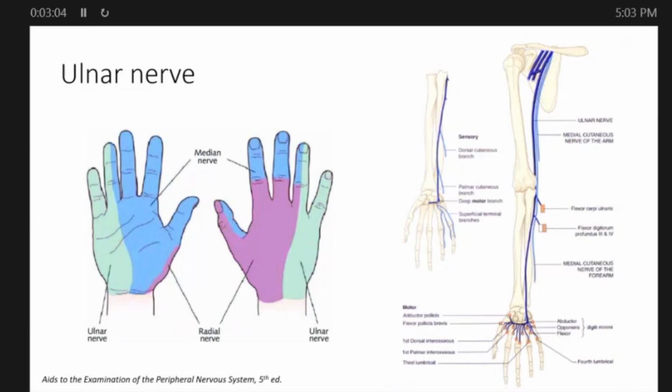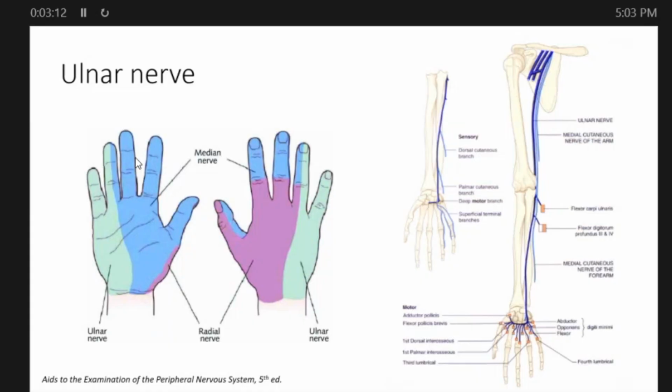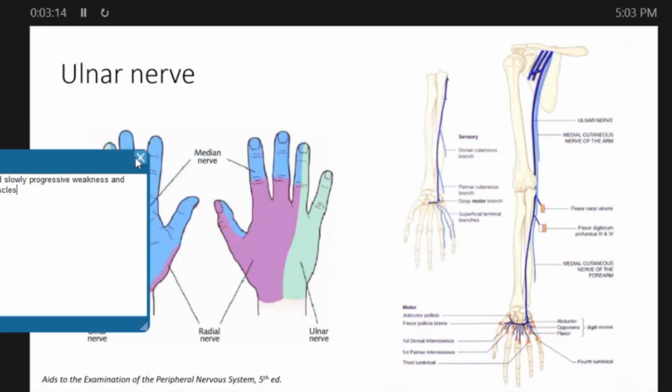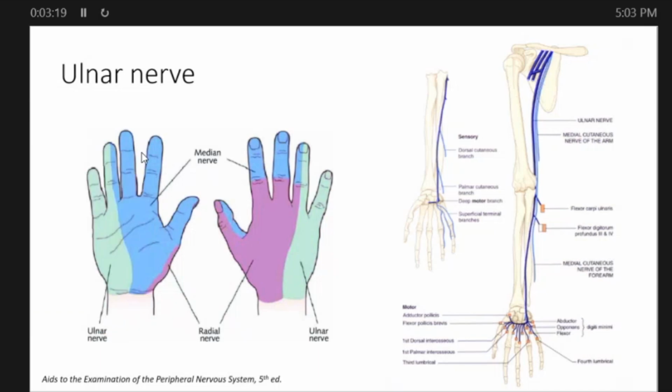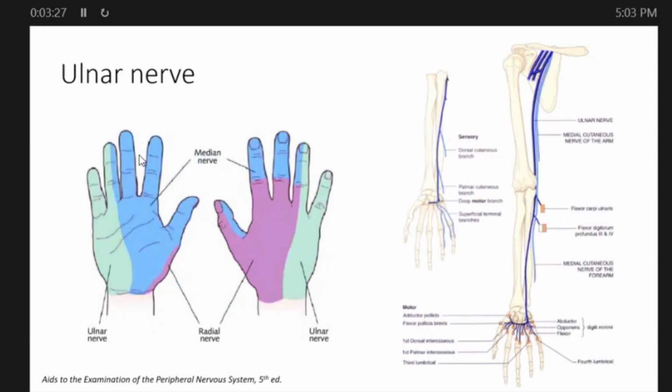With ulnar neuropathy, often the patients develop slowly progressive weakness and atrophy of intrinsic hand muscles and find that they're dropping things. They may say that there's also numbness in the ulnar aspect of the hand and the fourth and fifth fingers, but often that's not a prominent part of their presentation.